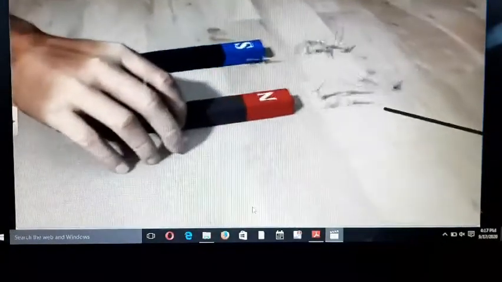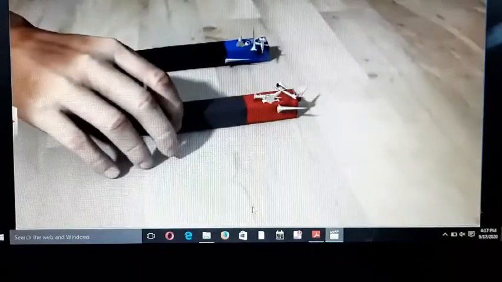Gravitational force is a non-contact force. Look here, magnet. It has a magnetic field, and due to this magnetic field, all these nails are attracted.